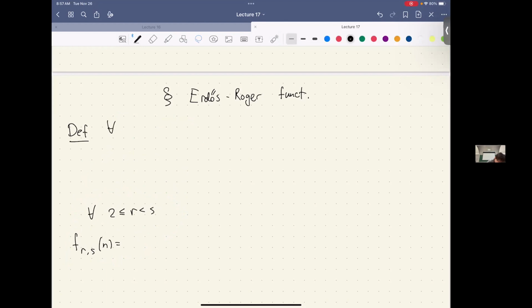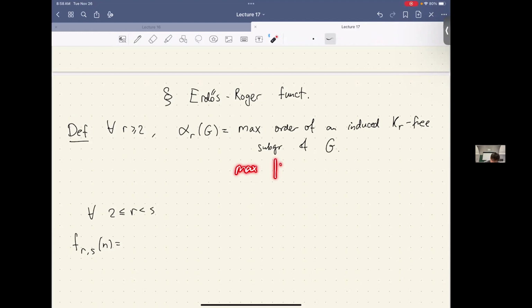For any r at least 2 natural number, for a graph G, let's define alpha_r(G) to be the maximum order of an induced K_r-free subgraph of G. In other words, this is the same as the maximum of |U|, where U is a subset of V(G), such that G induced on U is K_r-free.